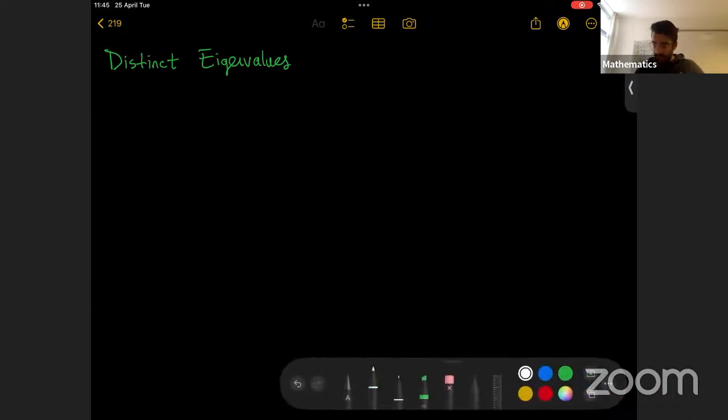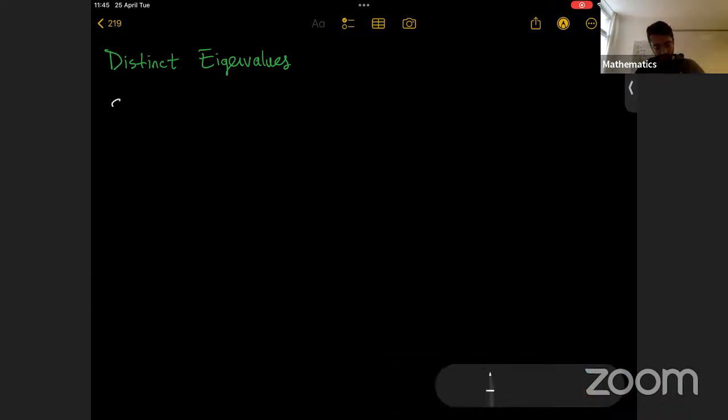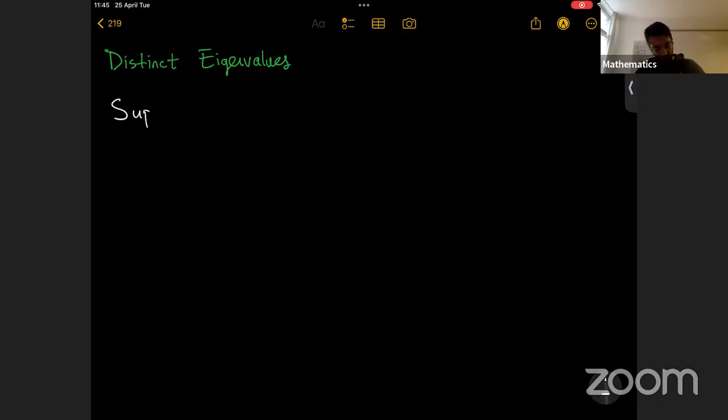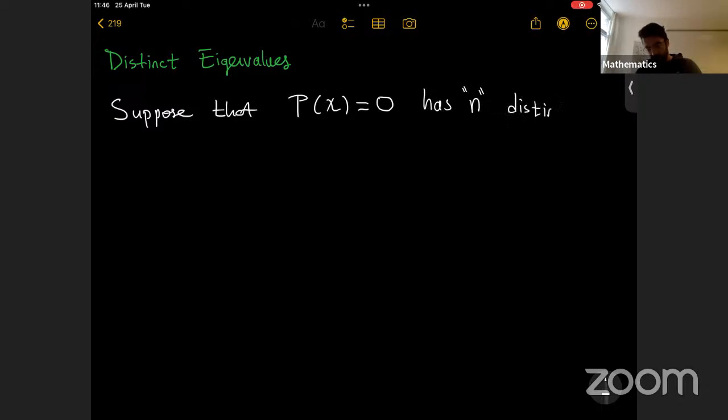So suppose that the characteristic equation P of lambda is equal to 0 has n distinct roots. Let's say these are lambda 1, lambda 2, up to lambda n, okay?